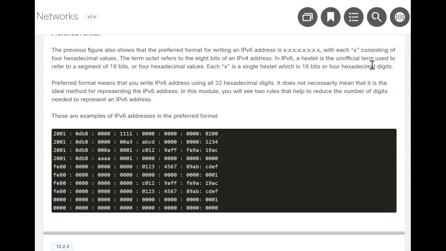This address, as you can tell, is pretty long, and there are a couple of rules we can use to shorten it down. But the preferred format uses all 32 hex digits. There are 2 rules that we can use to reduce the number of digits.